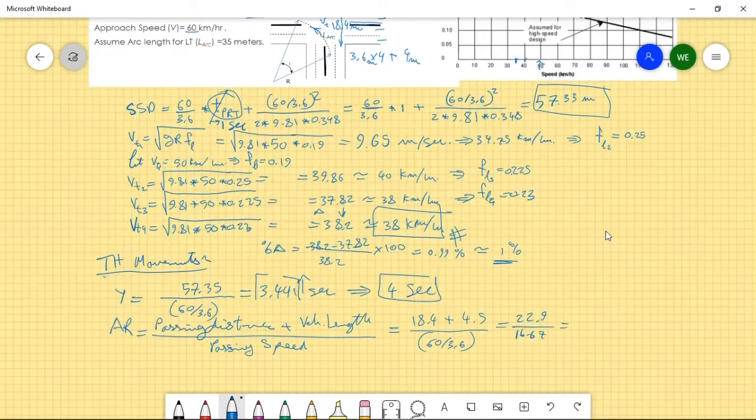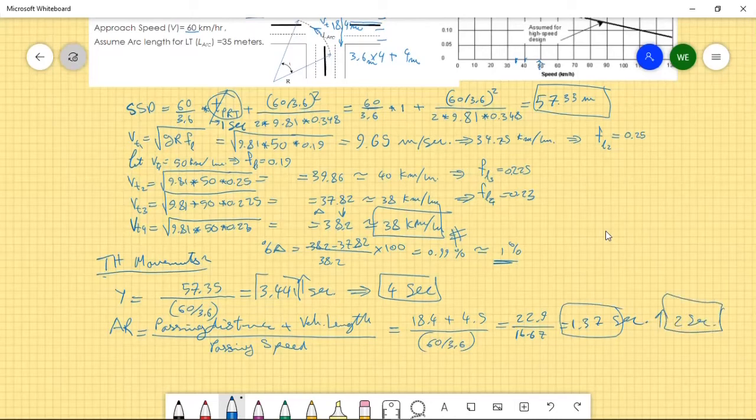So this will be 1.37 seconds. Let's wait and see how we're going to round this, but most probably this is going to be up to 2 seconds.